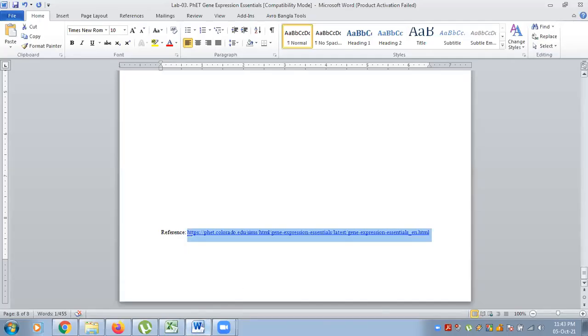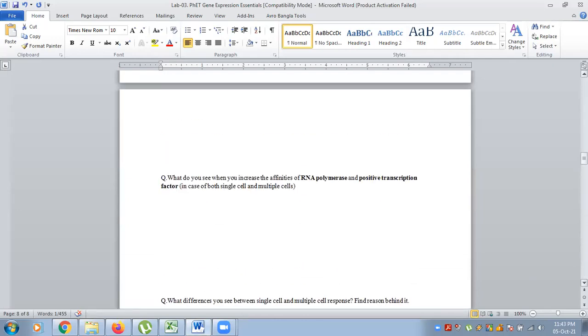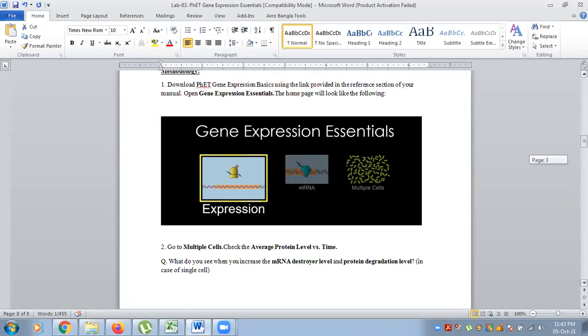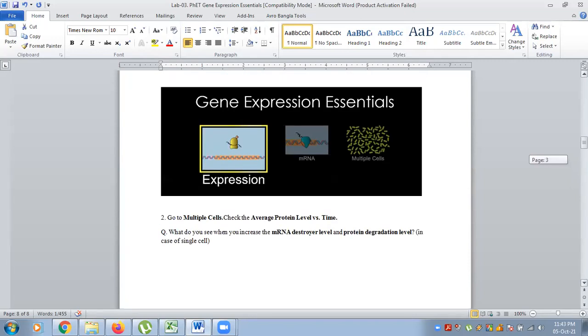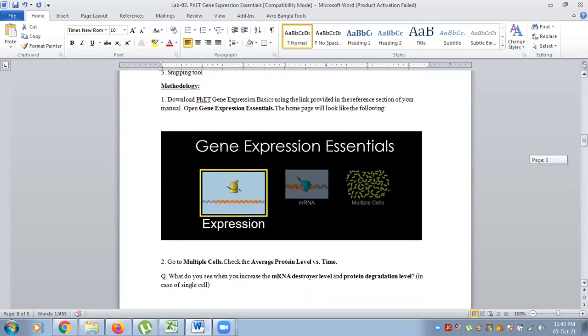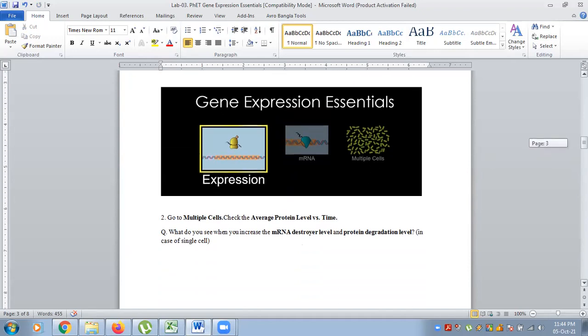Now, getting back to the manual. According to the methodology, we need to download the PhET gene expression essentials, which is not a requirement now because it's an open tool now.